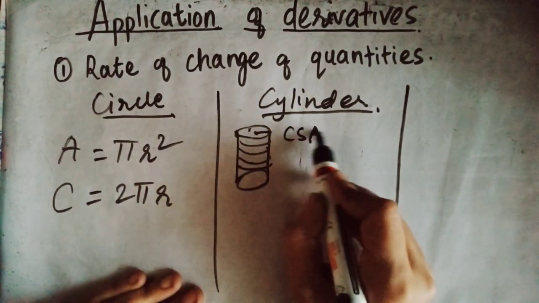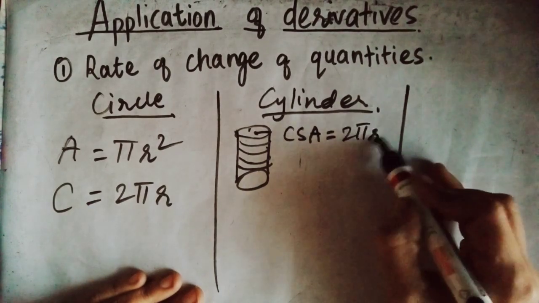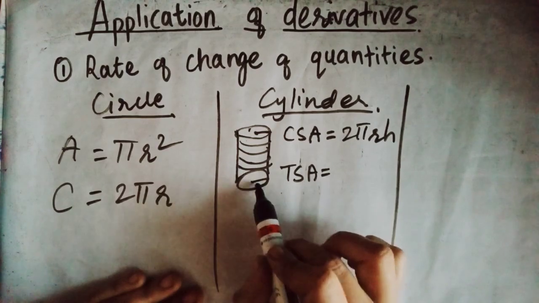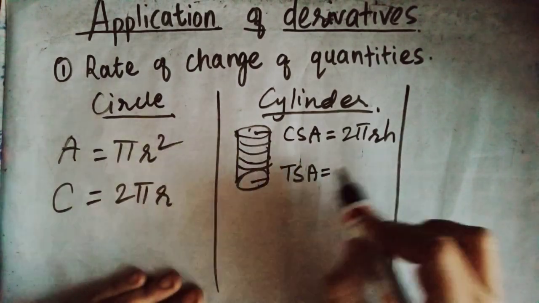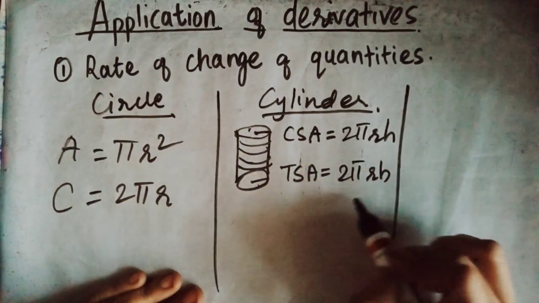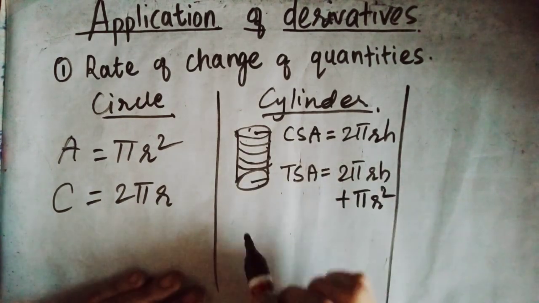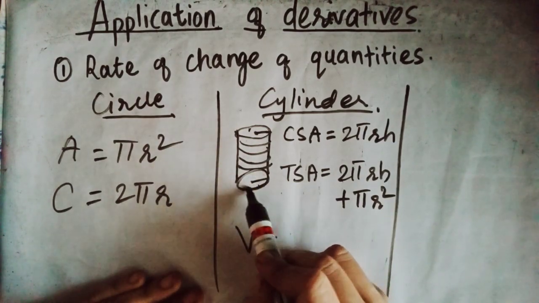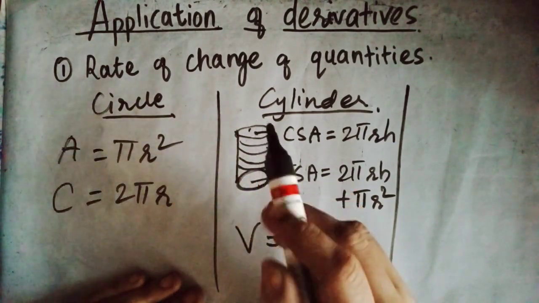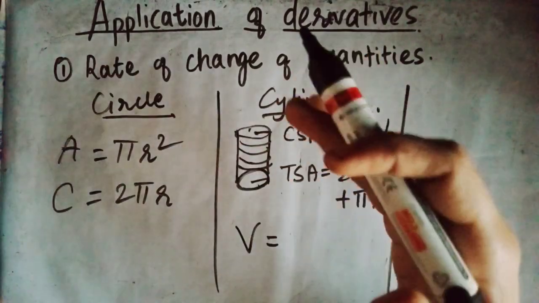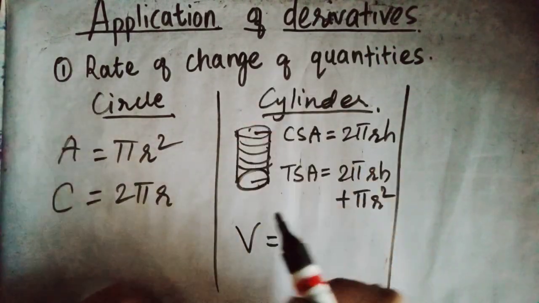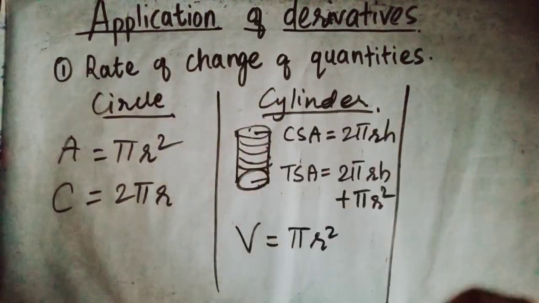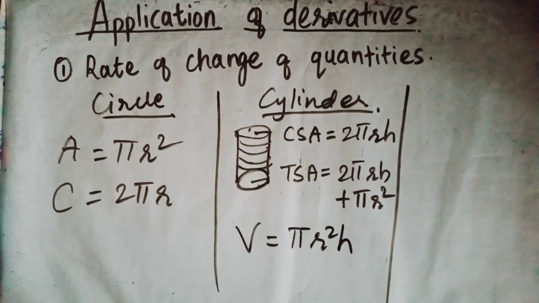So curved surface area is 2 pi r h, and total surface area you have to just add the areas of these two circles, so 2 pi r h plus pi r square. And its volume is like you are keeping these circles on each other for h times. So the volume will be area of circle into h times you are keeping it, so pi r square h.